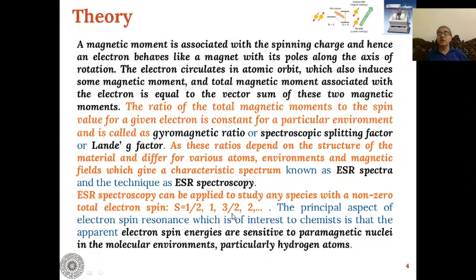These two spin states have a difference in energy, and this energy difference is determined by this formula, where gamma is the gyromagnetic ratio, G is the G factor, this is the Bohr magneton, and H is the strength of the external magnetic field applied to the electrons.